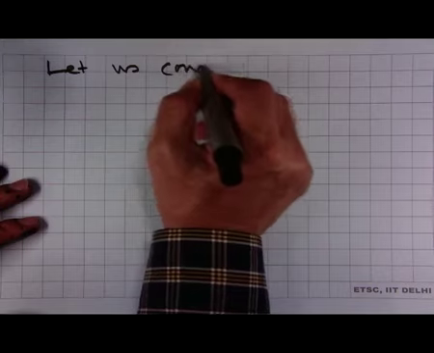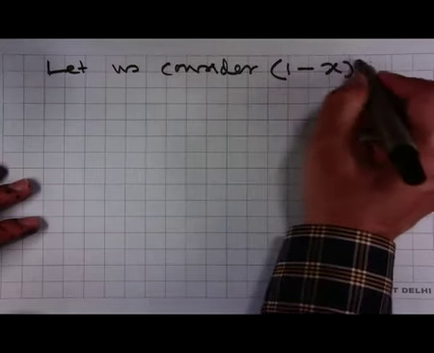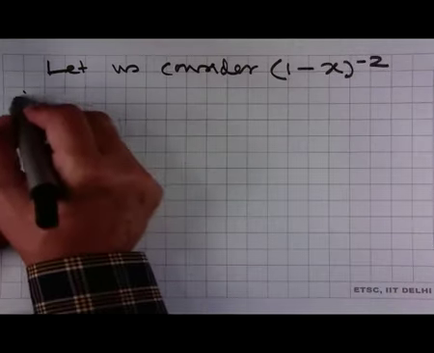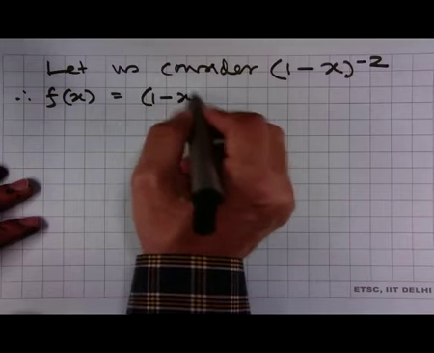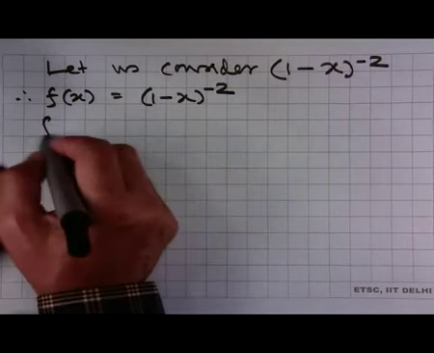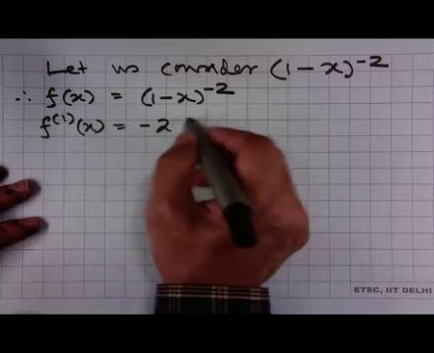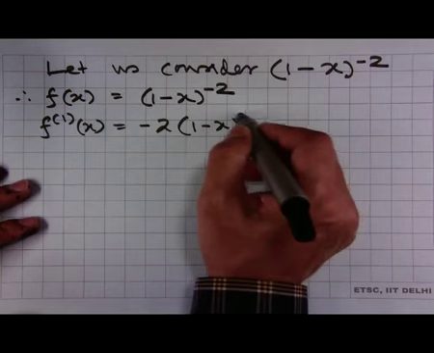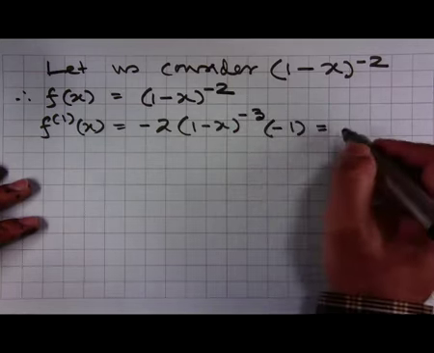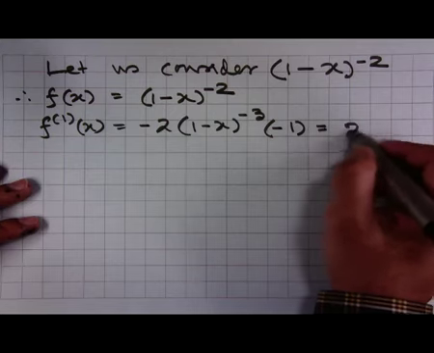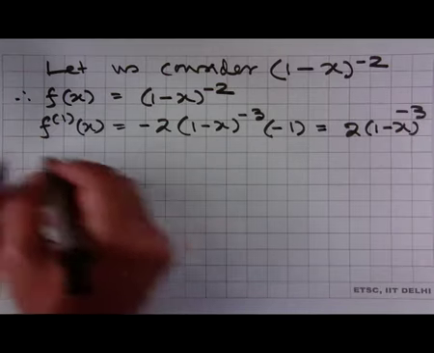Let us consider (1 minus x) whole to the power minus 2. Therefore, f(x) is equal to (1 minus x) to the power minus 2, and the first derivative of f(x) is equal to minus 2 into (1 minus x) to the power minus 3 into minus 1, which is equal to 2 into (1 minus x) to the power minus 3.